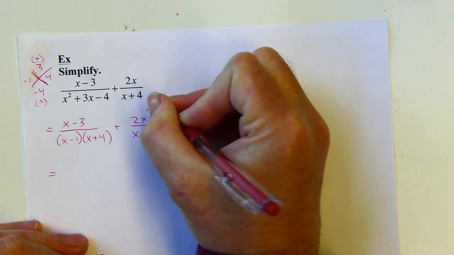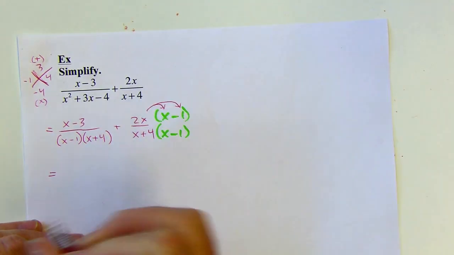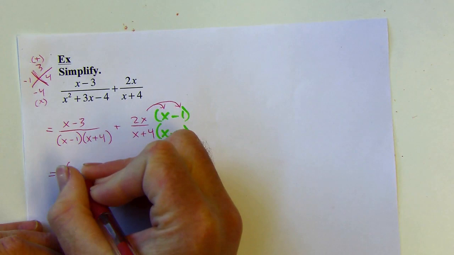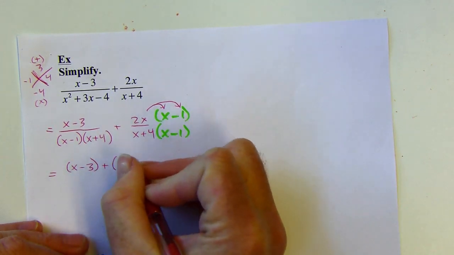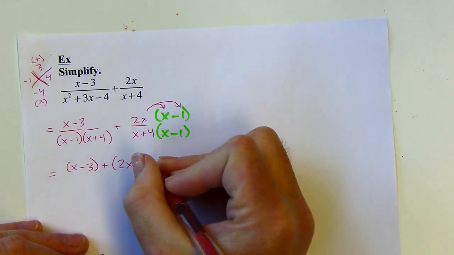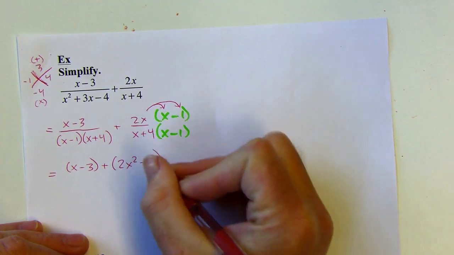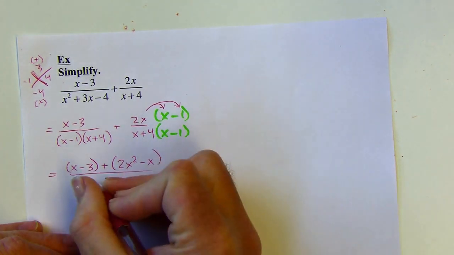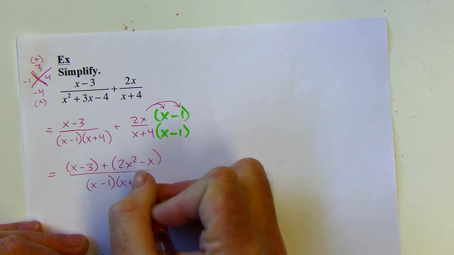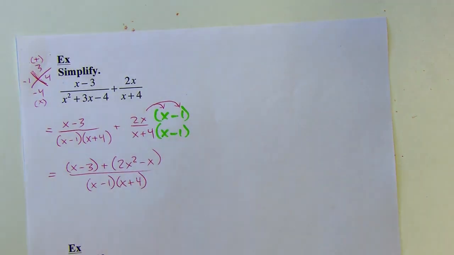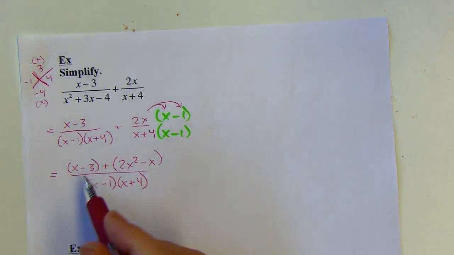Also, I'm going to distribute this while I'm at it. So my first numerator is x minus 3. My second numerator is going to be 2x squared minus x. So I was doing that distributing up there, right? And this is all over x minus 1 times x plus 4. Okay? And I do want to clean up the top.